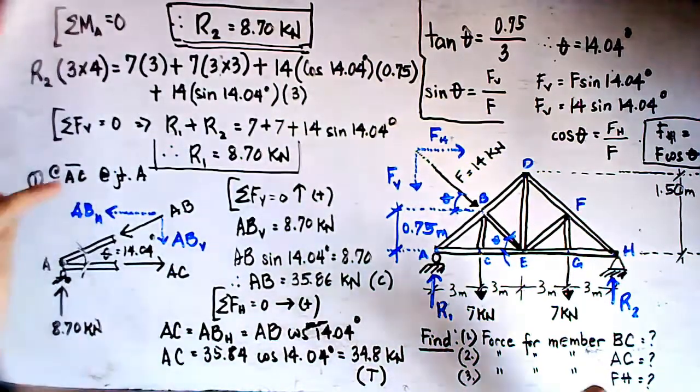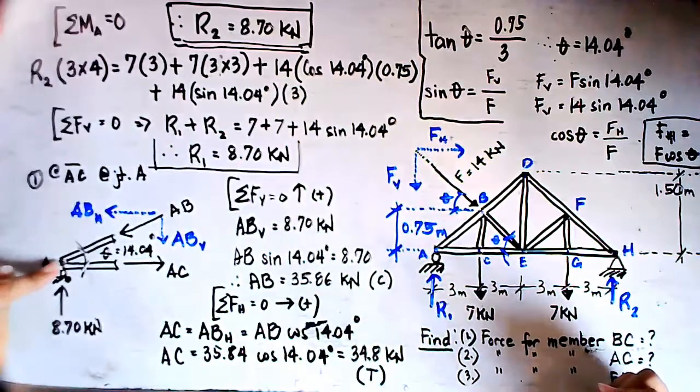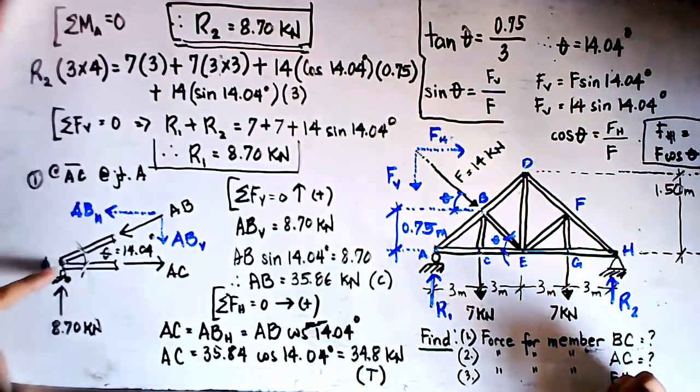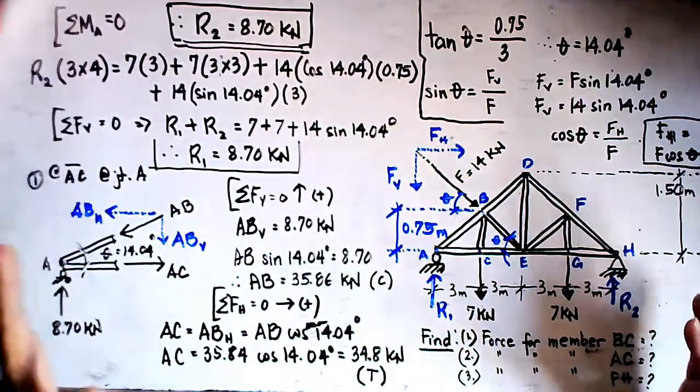All you have to do is to take the joint, and then indicate the free body diagram of the joint. You have to indicate all the essential forces applied to that particular joint. All members which are connected to that particular joint should be indicated. And then you have to determine the horizontal and the vertical components of the forces.